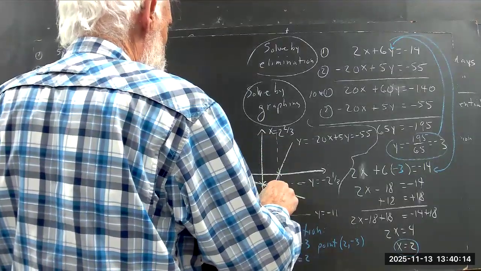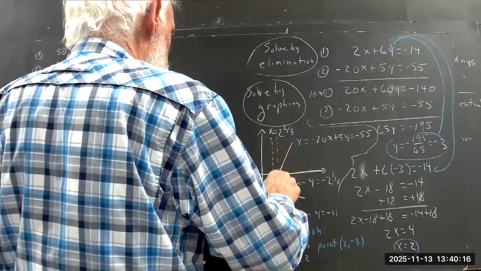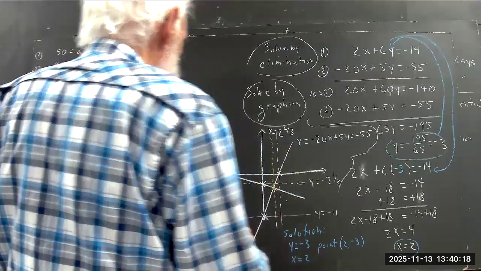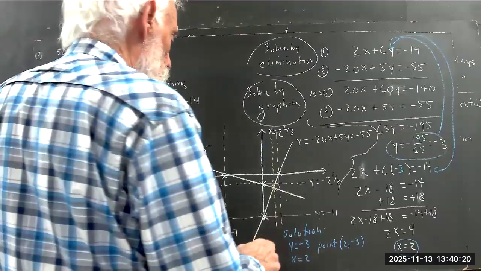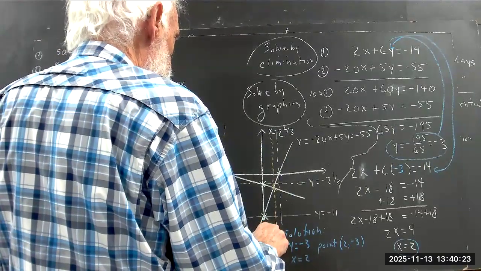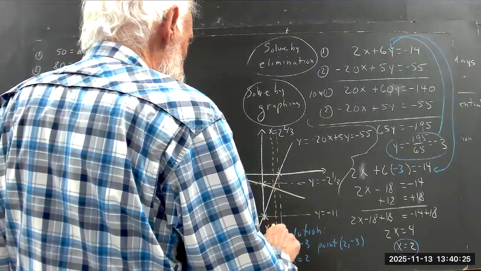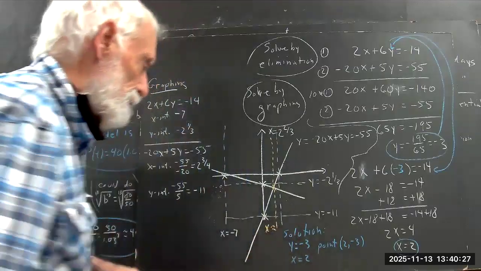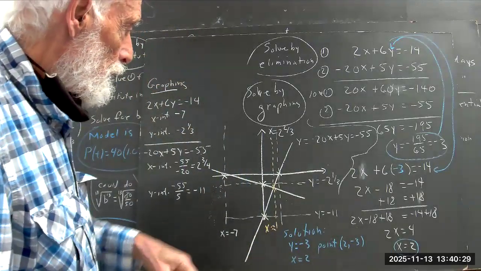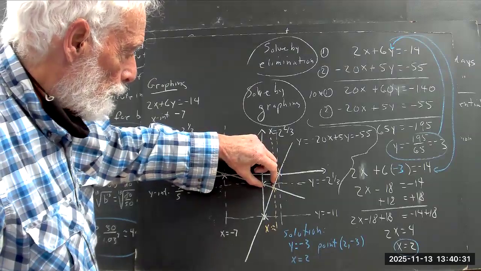Here. What are the coordinates at this point? Well, the x coordinate, that's 2 1/3. 2 would be about here.